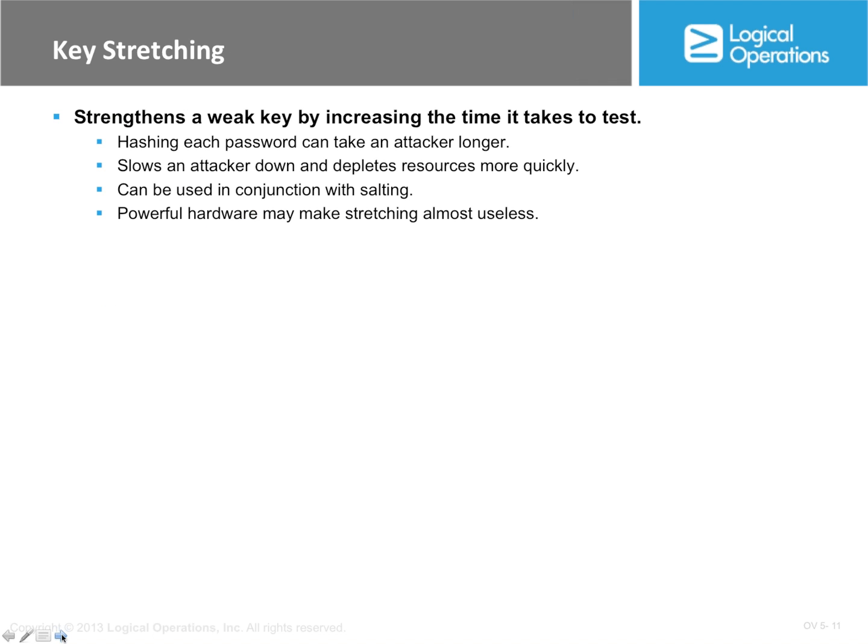Key stretching. So, what is, in fact, key stretching, right? Simply put, key stretching attempts to take a weak key length and make it stronger by increasing the time it takes to test the possible key values, right? That is in itself key stretching, so, hashing each password. Essentially, when I stretch the keys, or I add additional value to the key, I'm in theory causing the attacker to use additional resources.